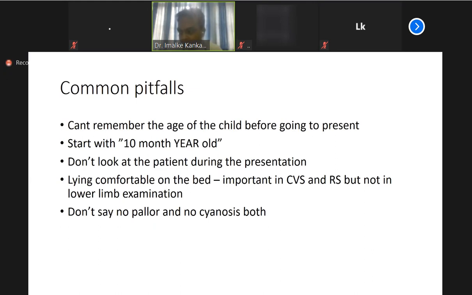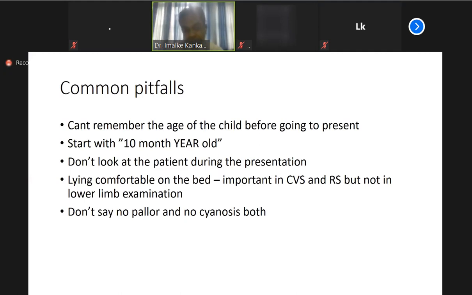In other centers abroad, they start by saying, I examined this 10-year-old so and so. And you all start with 10-month-year-old. That's also frequently encountered, and at least 50% of you will tell the age like that, 10-month-year.